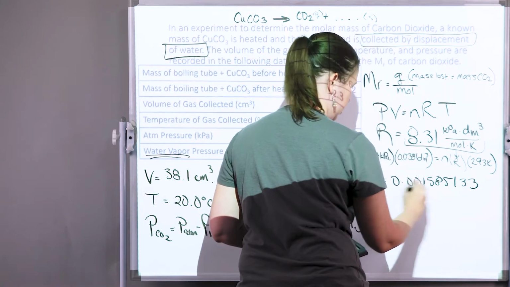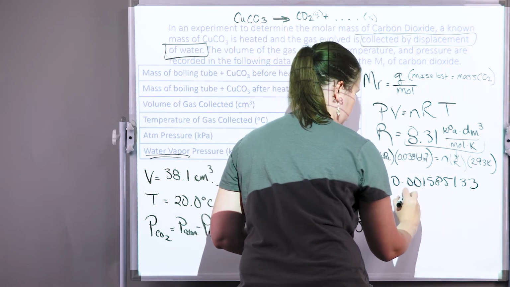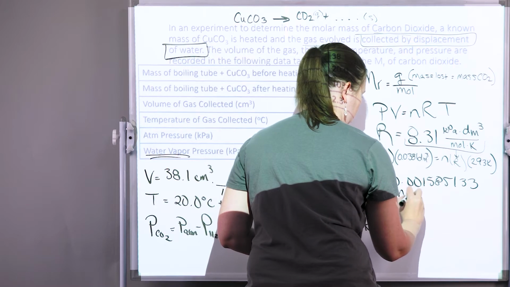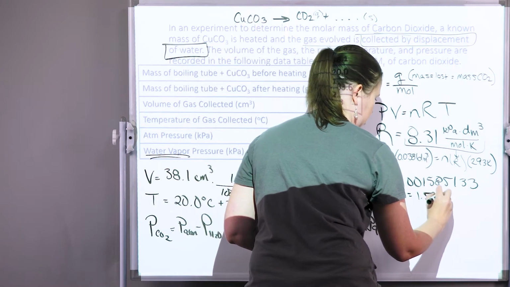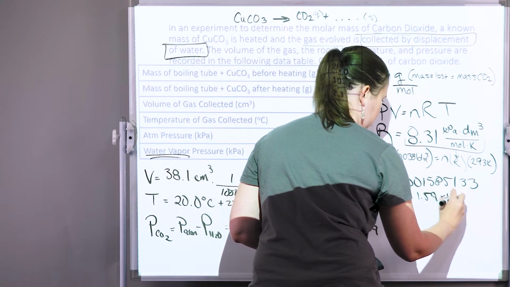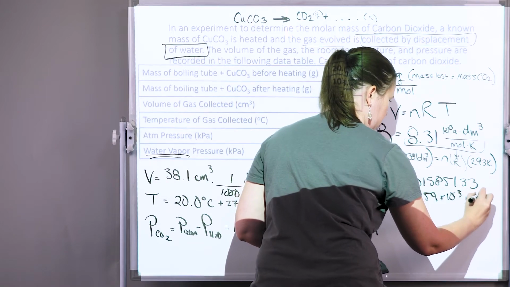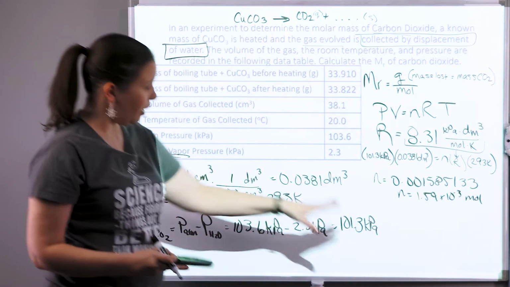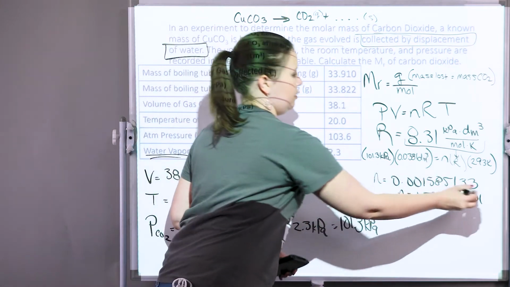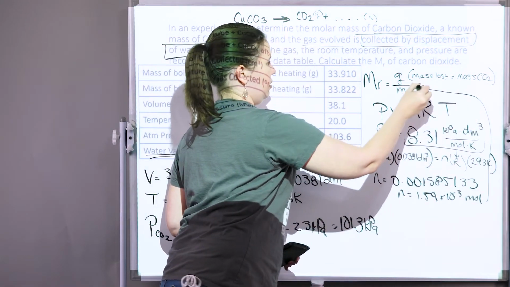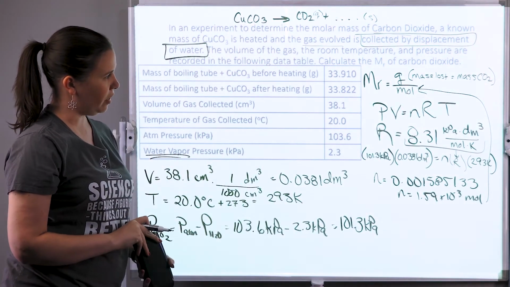Now let's do scientific notation and 3 significant figures. So 1.59 times 10 to the negative third moles. Now that I have moles, I can find my relative atomic mass.